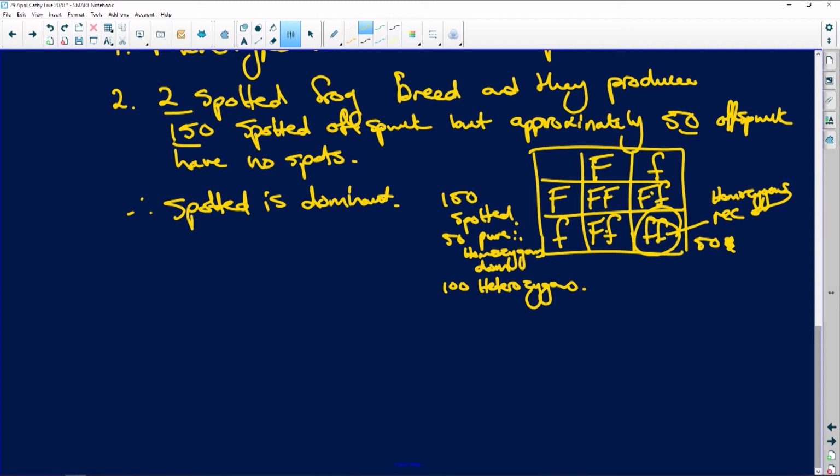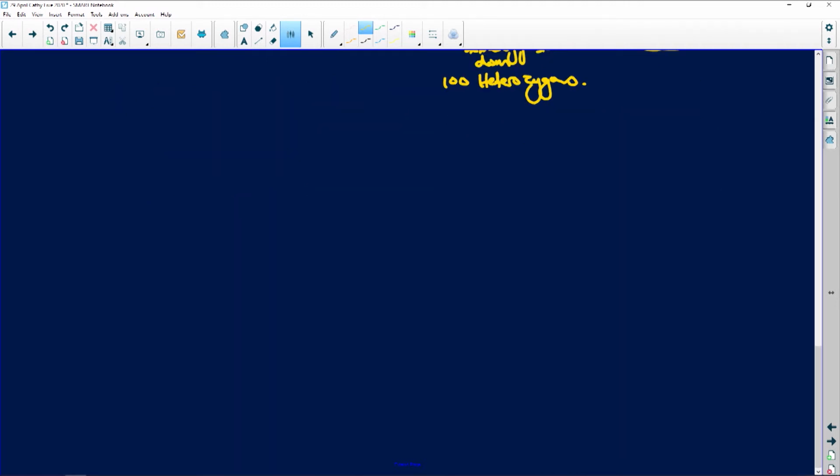Then, a frog that is heterozygous for spotted was crossed with a frog without spots. So this will be P1. We go phenotype. What do we see?